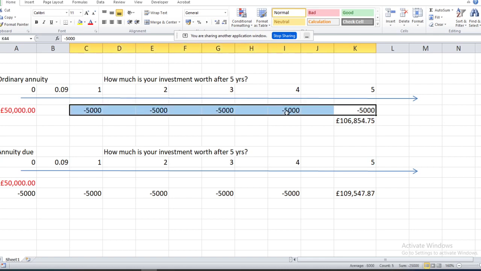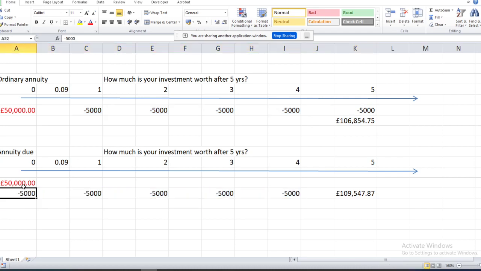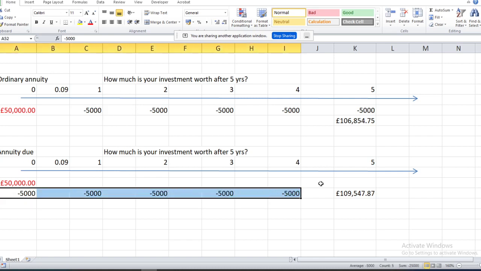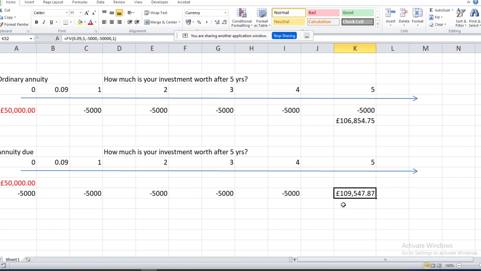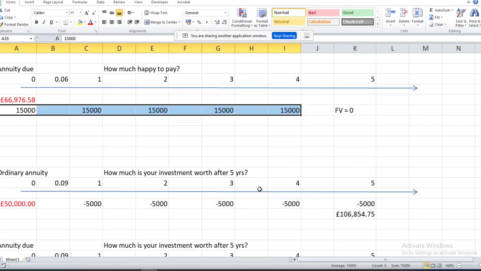So each of these 5,000s has 1 year less to grow compared to the 5,000s in the annuity due. For example, this first additional payment of 5,000 has 1, 2, 3, 4, 5 years to grow, as opposed to 4 years to grow for the initial additional 5,000 payment in the upper example. Okay, so that's why for annuity due, future value is going to be greater. And as we mentioned, for annuity due, present value is also going to be greater.